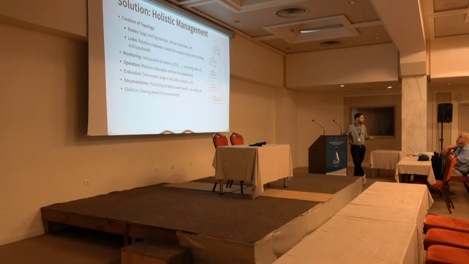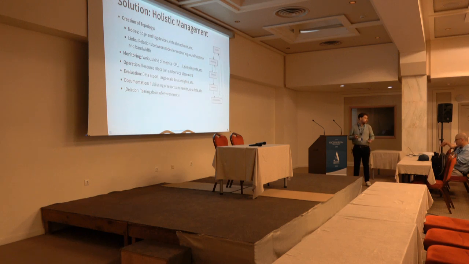So we would like to achieve a holistic management, so that you have the entire orchestration workflow at hand. So with creation, monitoring, operation, evaluation, and documentation in the end. So you should simply build your topology with nodes and links, as you can see here before.